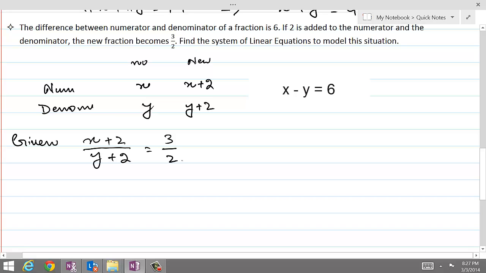So if this is so, then we cross multiply, and for cross multiplication we multiply 2 on this side. This becomes x plus 2, and on the other side it becomes 3 times y plus 2, and we will simplify.